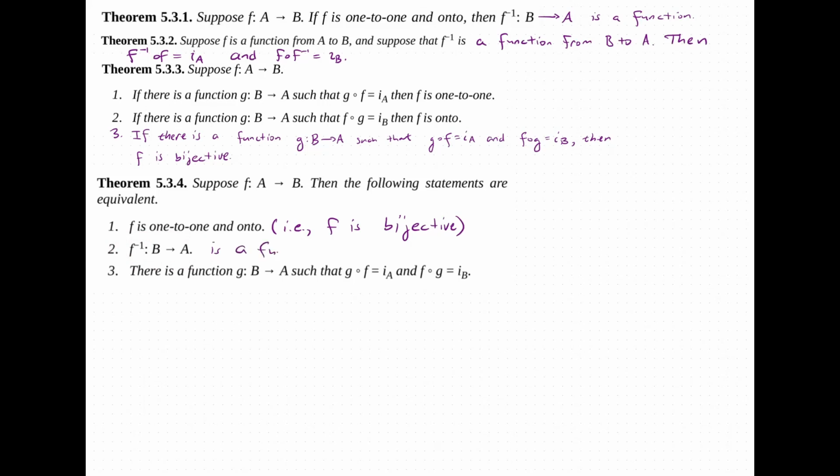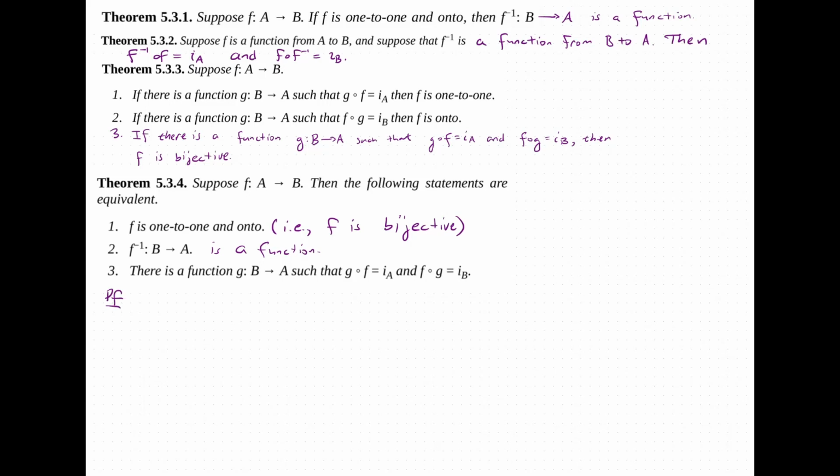And lastly, that's also equivalent to the existence of a function g from B to A with the property that g compose f is the identity on A and f compose g is the identity on B. The proof is just automatic from the previous statements.